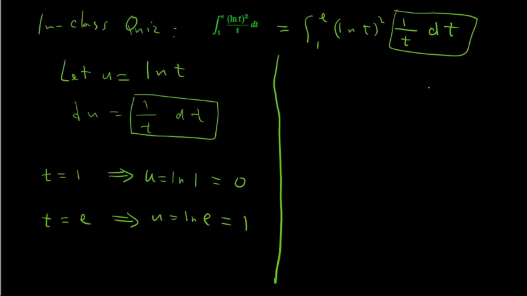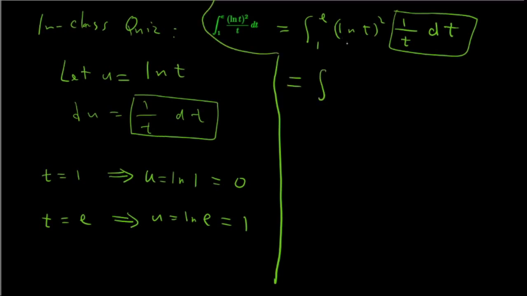So the given integral, I'm going to continue from here. Now you are ready to convert everything in terms of u, including the lower limit and upper limit. So here t value of 1 corresponds to u value of 0, and t value of e corresponds to u value of 1, right?